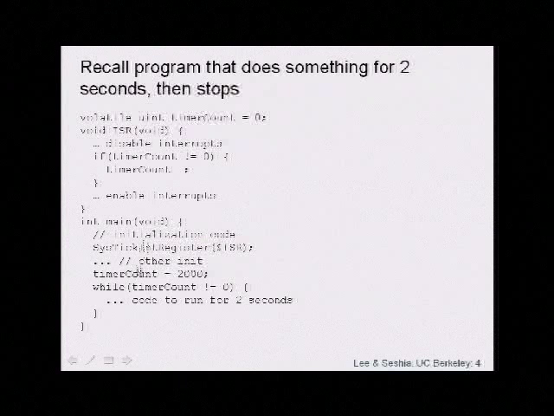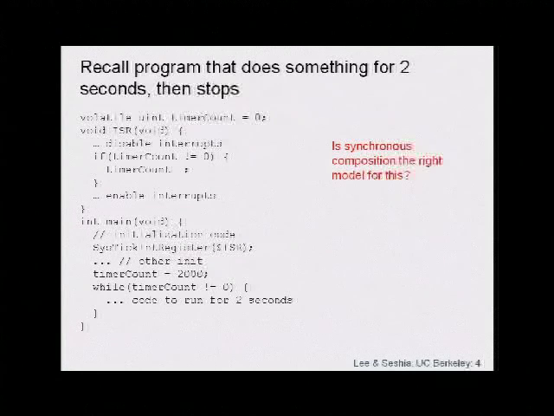The goal is that the main function has to do something for 2 seconds and then stop, and it uses the ISR as a way of counting up to 2 seconds. But when we saw this last week, we noticed there are many situations where this code won't work.